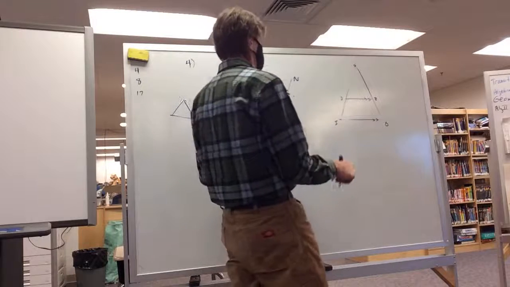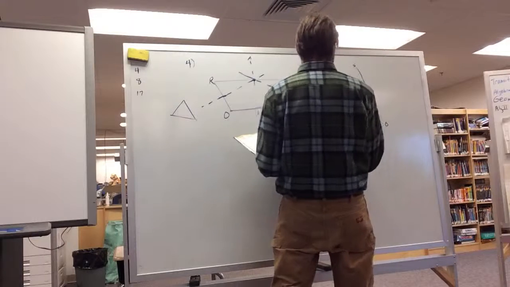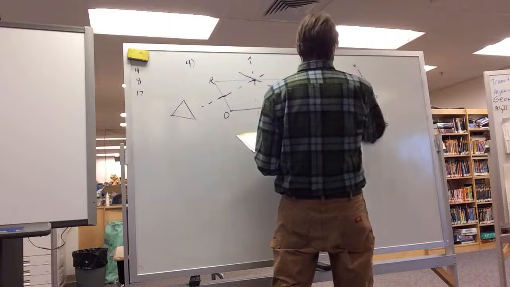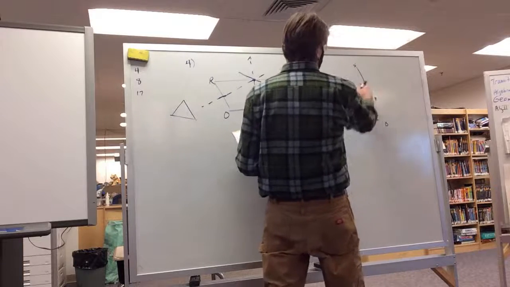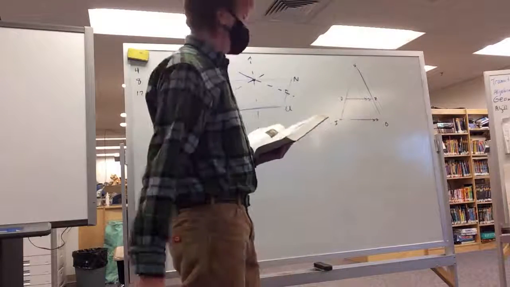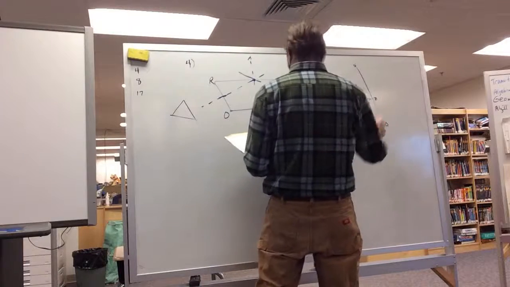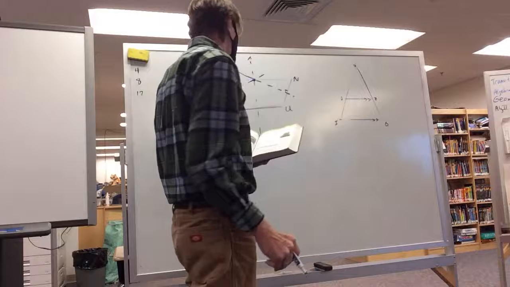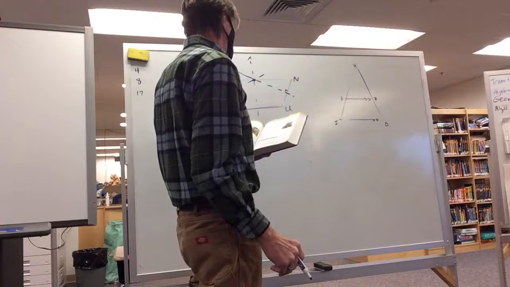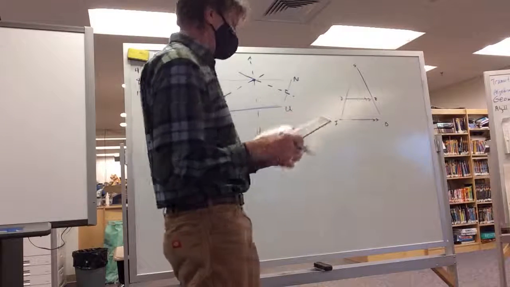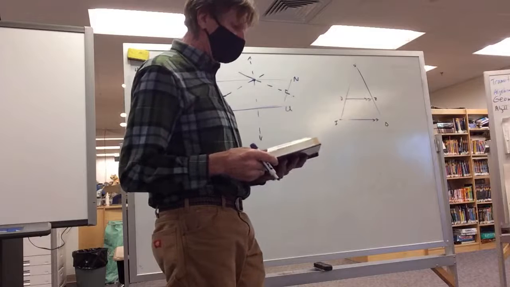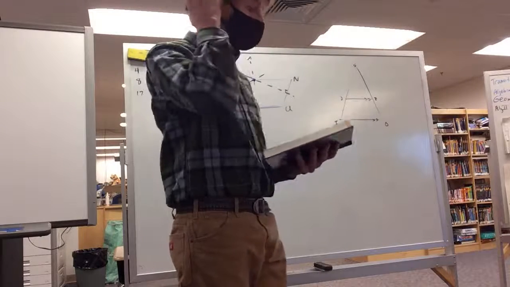So IS is equal to OS. I'm not going to mark it, because then that might mean that SD would be, but this entire length is equal to this. Okay. So they conclude that triangle ISO is isosceles with IS equal to OS and DZ is parallel to IO.